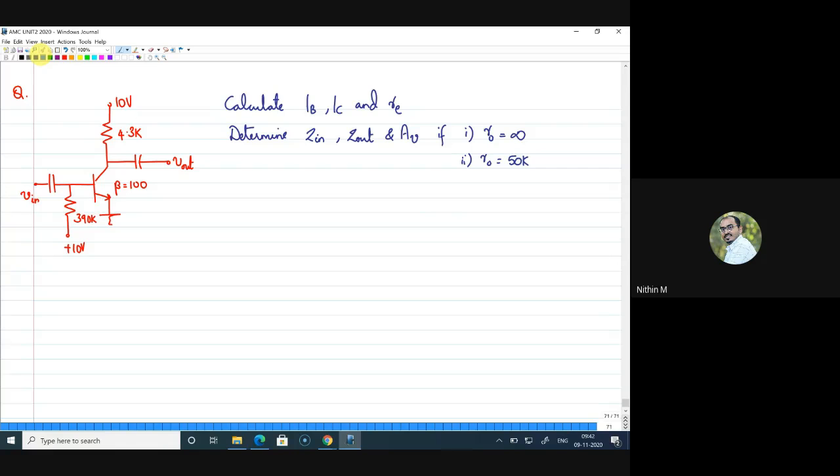Okay, Pradyumna. It is a CE amplifier, not CS, CE amplifier. Yeah, so all of you can try this calculation.